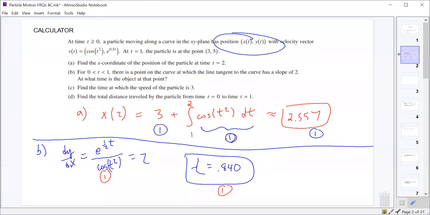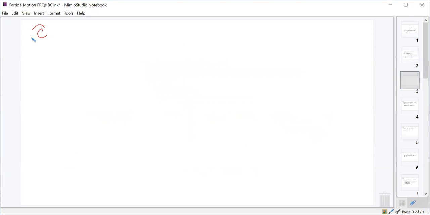Part C, we want to find the time at which the speed of the particle is 3. So the first thing we need to do is figure out what is the speed of this particle. And we know speed is the absolute value of velocity, right? Since speed is absolute value of velocity, absolute value in terms of vectors means the magnitude of the vector.